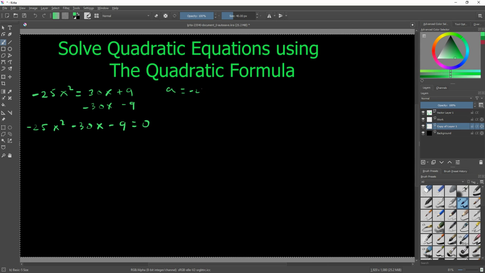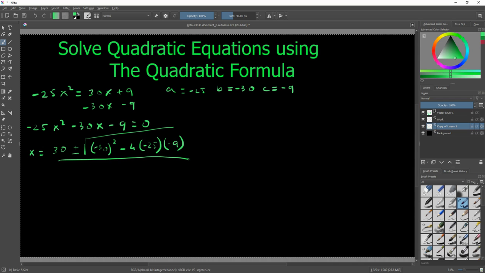A is equal to negative 25, b is equal to negative 30, and c is equal to negative 9. I put all that into the formula. x is equal to negative b. Negative of negative 30 is positive 30. Okay, plus or minus radical b squared. So negative 30 squared minus 4 times a, which is negative 25, times c, which is negative 9, all over 2 times negative 25.